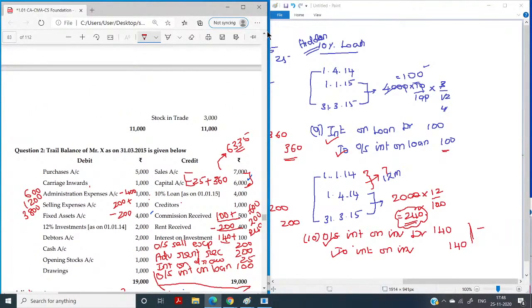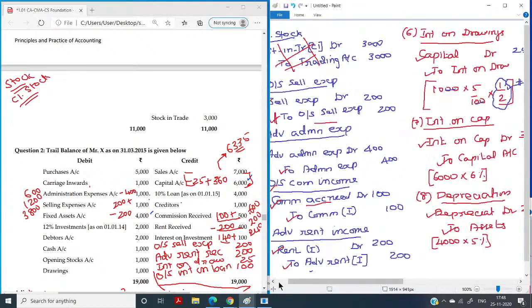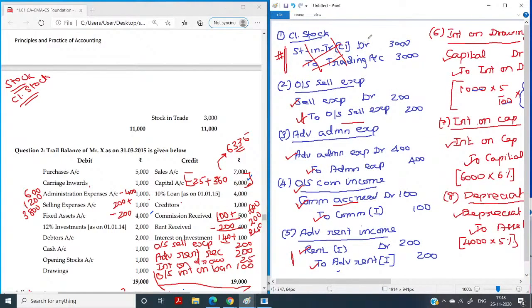For the adjustment of stock, closing stock, the other way, note it down. Usually for closing stock what we do is stock in trade to trading account, but I don't do that.